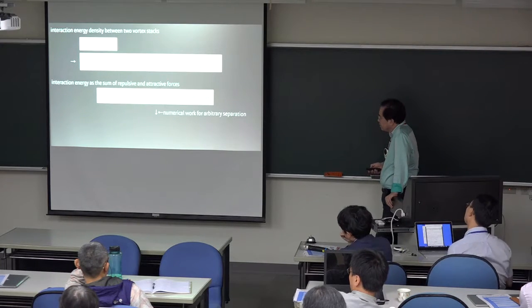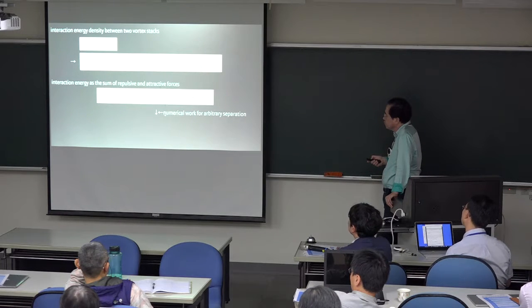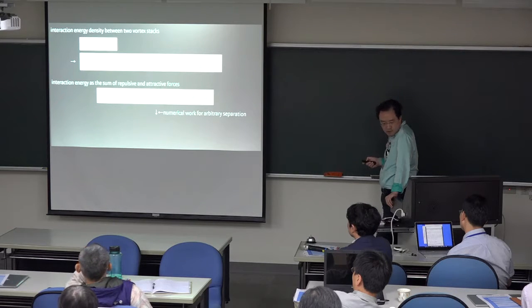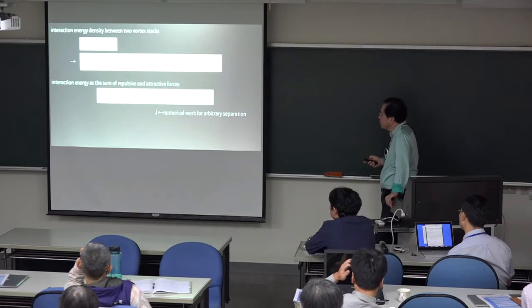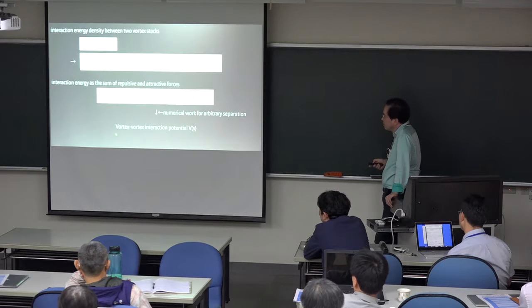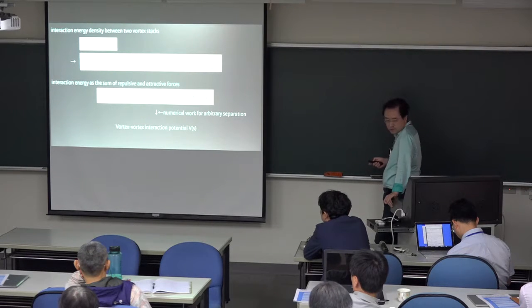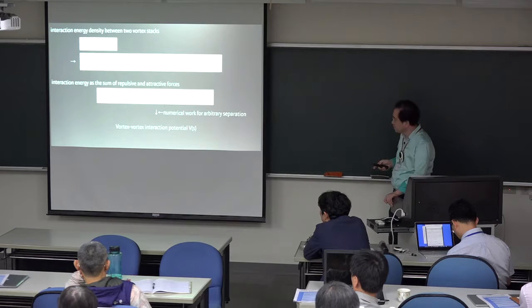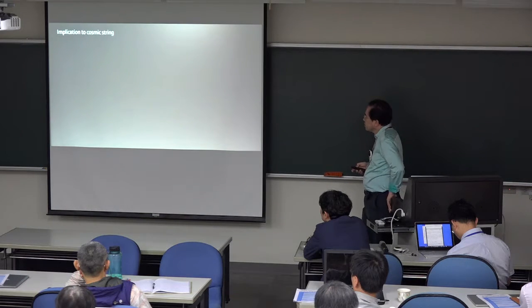Nowadays we are doing some numerical work for arbitrary separation, because this expression is valid only for large separation. I am constructing the vortex-vortex interaction potential in terms of this separation.